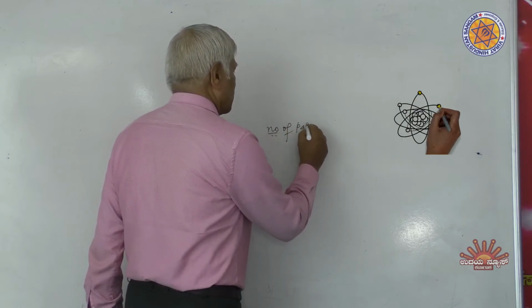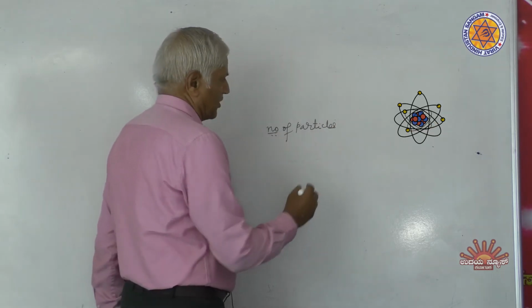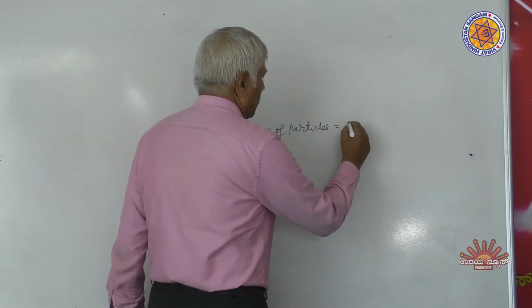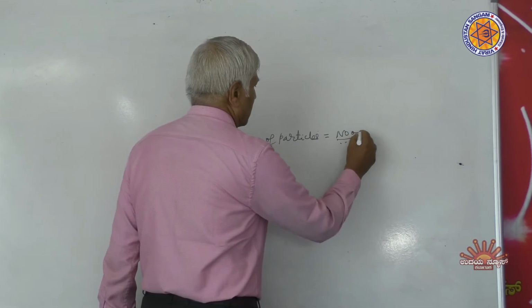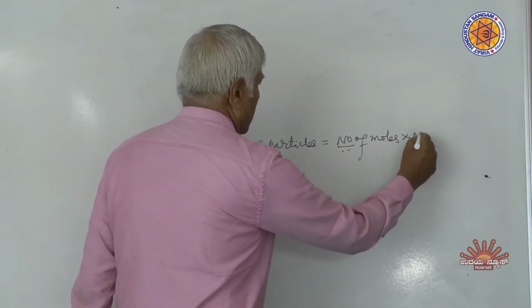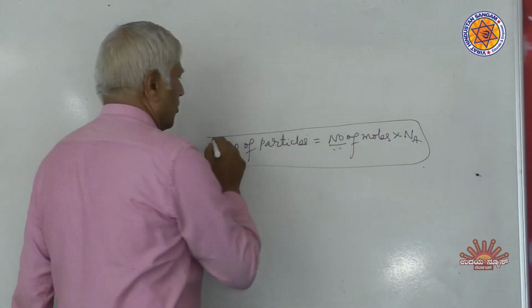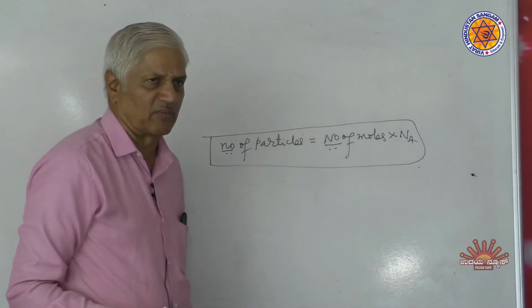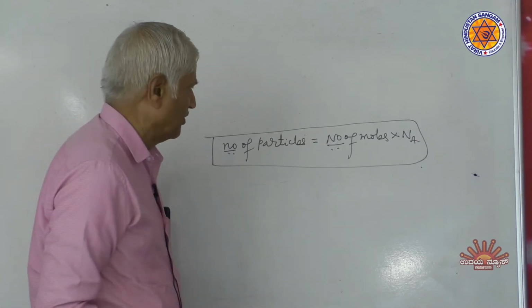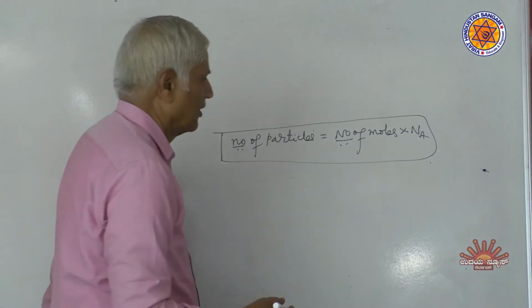Here particles stands for molecules, ions, atoms, like that. Equals number of moles into Avogadro number. That is the formula.